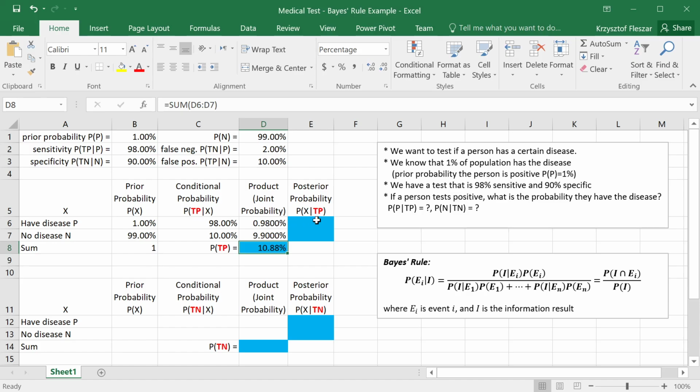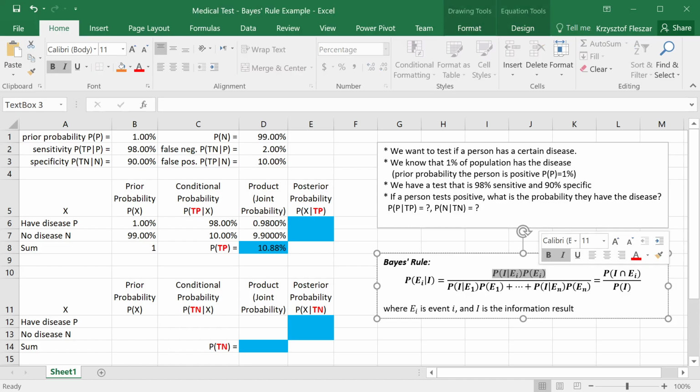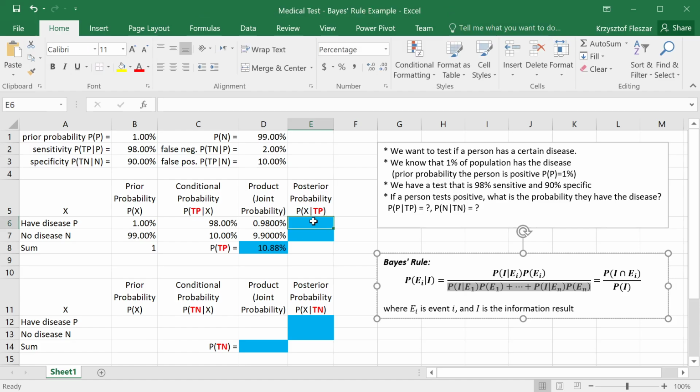And now you see, I can calculate conditional probability by taking one of those elements, dividing by the summation, which is here at the bottom, right? So the calculation will be this one selected joint probability divided by the summation. Let me actually do a 4 here, and then I can copy. And I have the conditional probabilities that I am interested in, right?